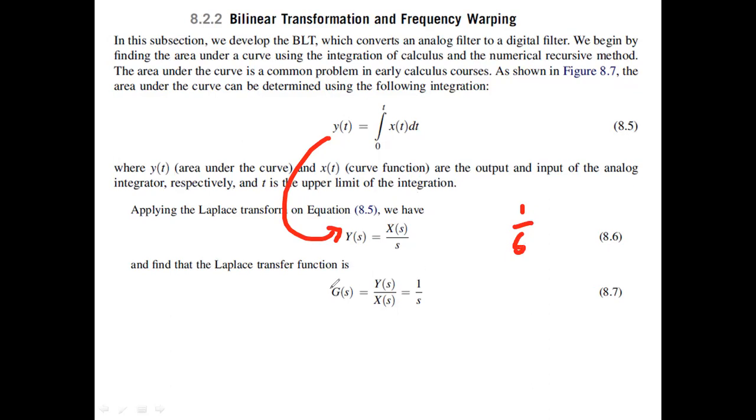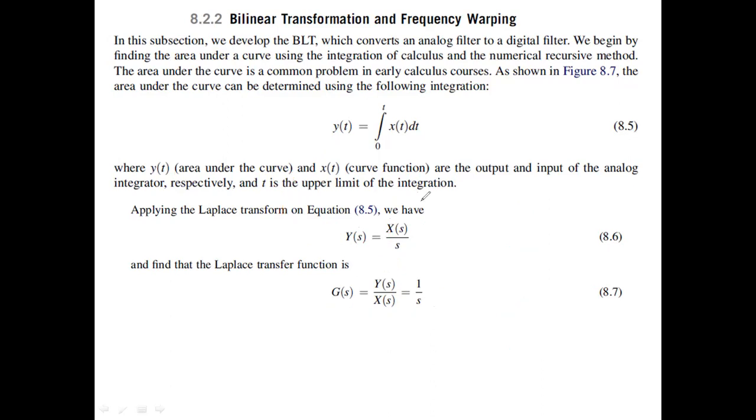Just like we have h of z, the transfer function, which was y of z by x of z, similarly for Laplace let us have a transfer function g of s, which is y of s by x of s, and that leaves us with 1 by s.